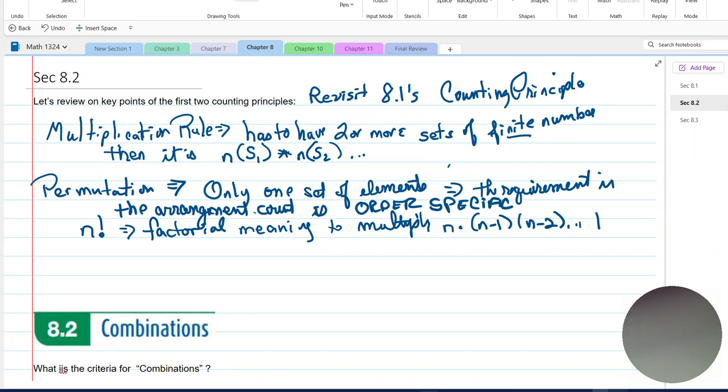It is always a whole number, or I should say natural number.